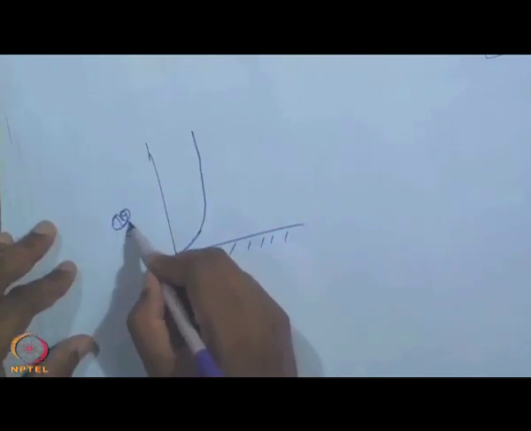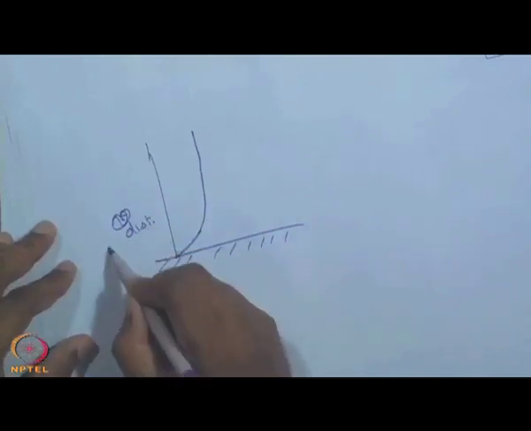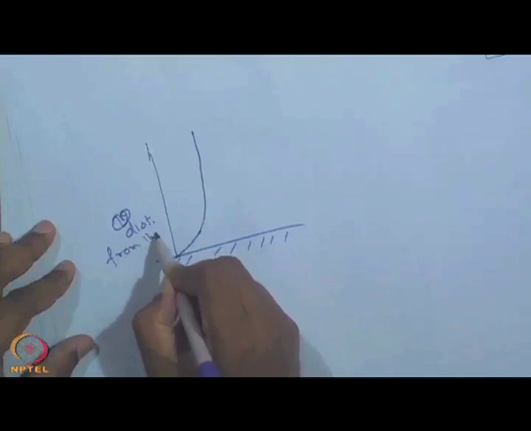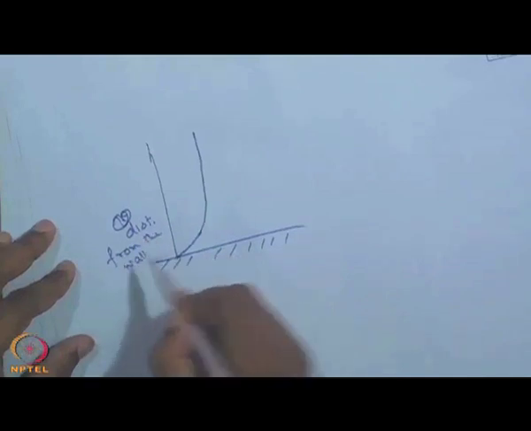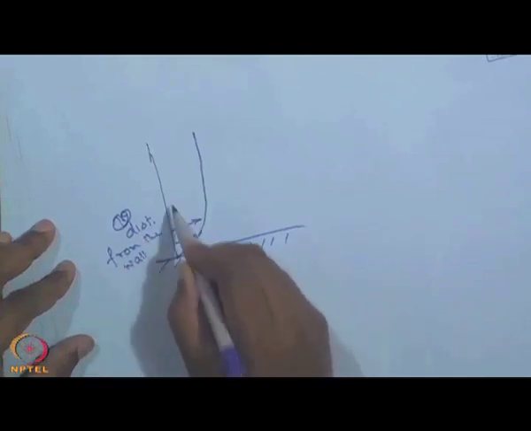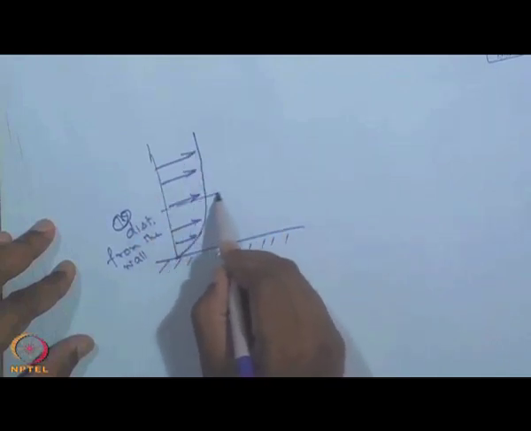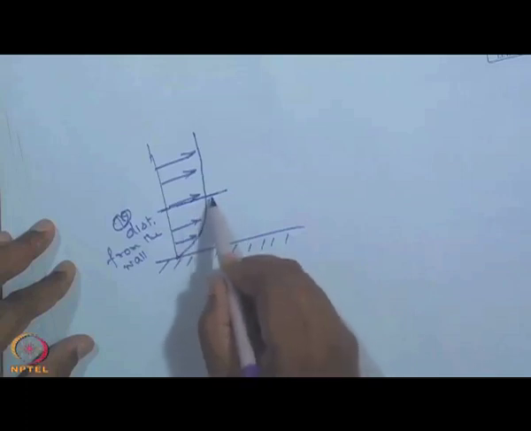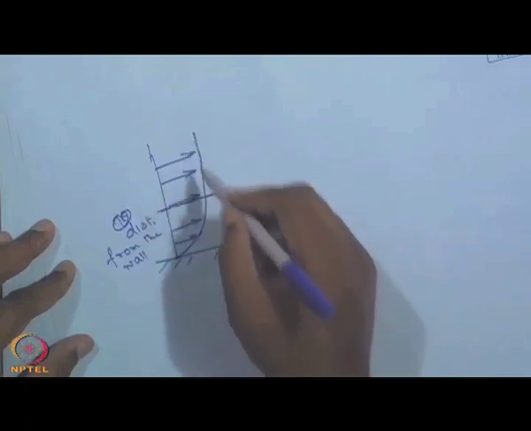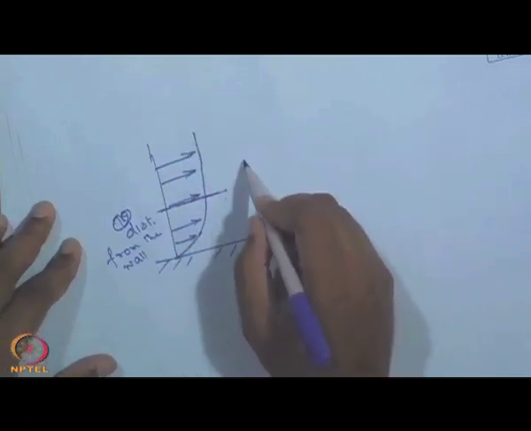This is the distance from the wall, and these are the velocities. So, you can see that there would be some arbitrary distance beyond which the velocity almost becomes invariant.